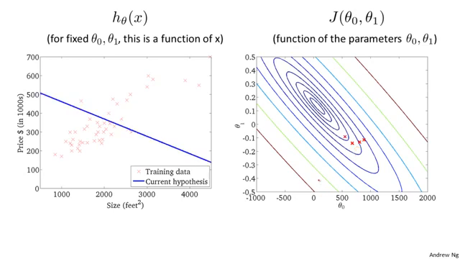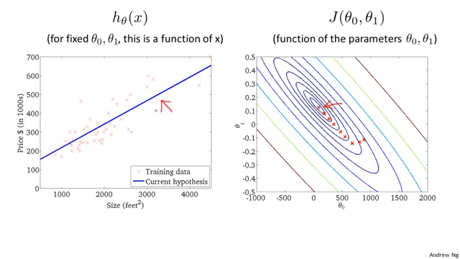As I take further steps, I'm going down in cost, so my parameters follow this trajectory. On the left, this corresponds to hypotheses that seem to be better and better fits to the data, until eventually I wind up at the global minimum, which corresponds to this hypothesis, which gives me a good fit to the data.